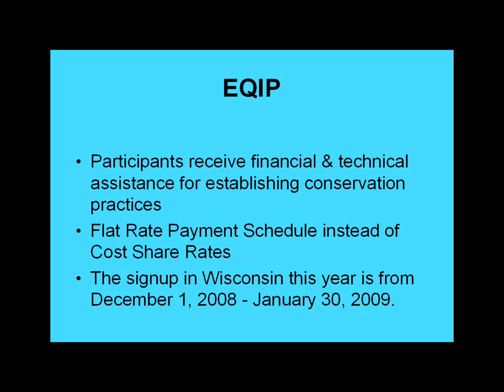But the sign-up period is actually right now. It started December 1st, 2008, and runs through the end of this month. So if you're interested, when I get to the end of this, I'll give you a link to contact your local NRCS office, talk to their district conservationists and see what they can do for you. But I'll have some more information about this program in the next couple more slides, too.